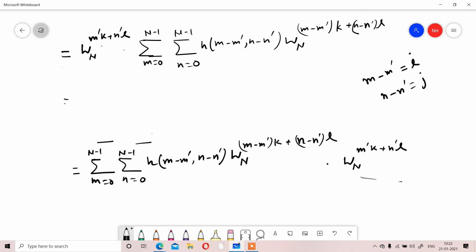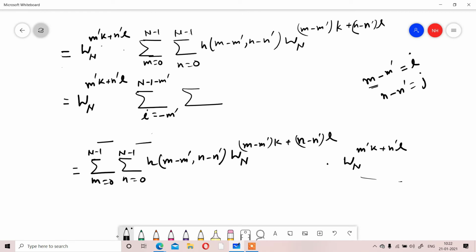So the expression will be W_N^(m'k + n'l) summation, i equal to minus m' to N-1 minus m'.